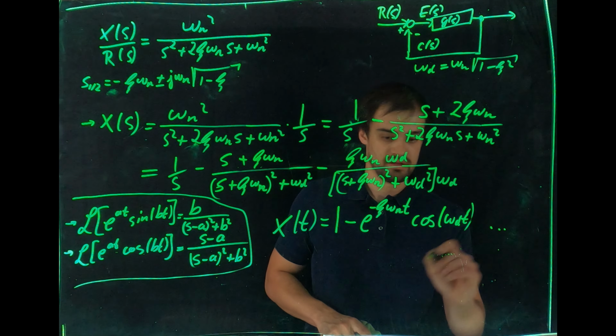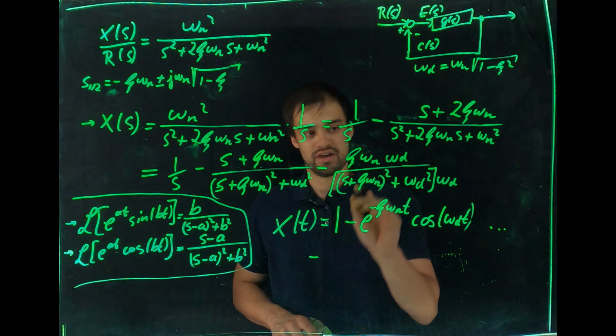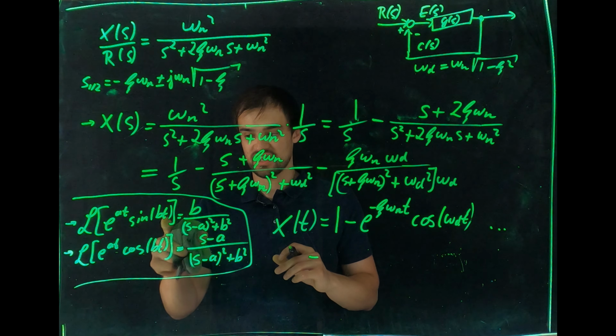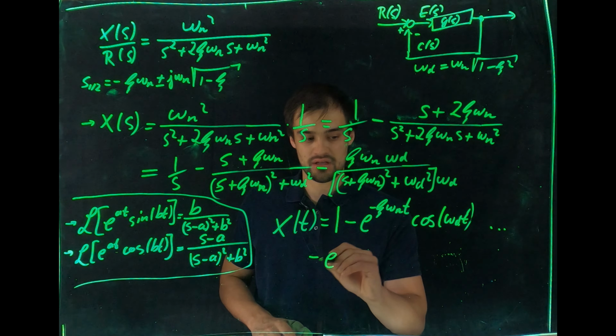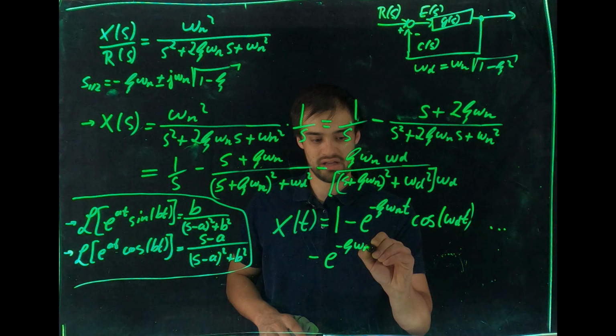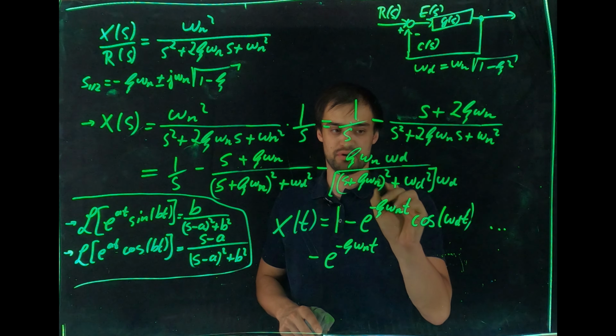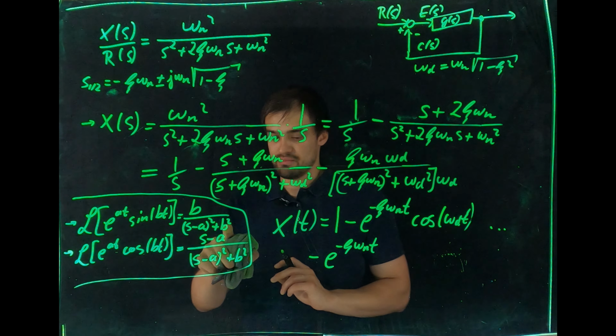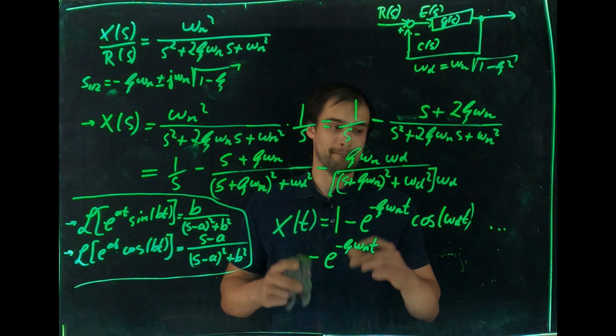And on the other end, we have this term here, which is the sine term. It's going to be e to the exponential minus zeta omega_n t. That's this part inside here. And I can see as well that the b and the b over here match.